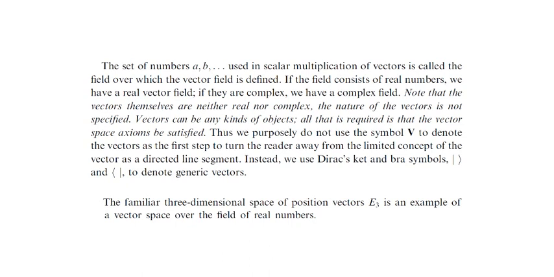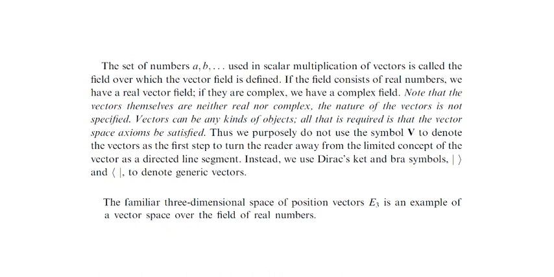If you consider, say, the three-dimensional space of position vectors, it's an example of a vector space over the field of real numbers. Similarly, if you are talking about matrices, the set of all 2 by 2 matrices is a linear vector space.